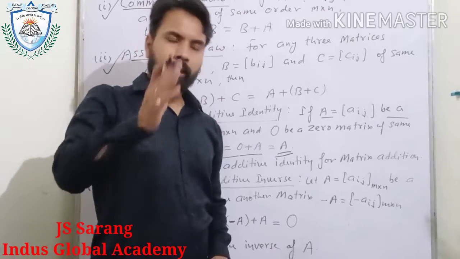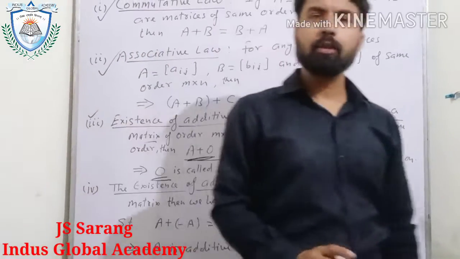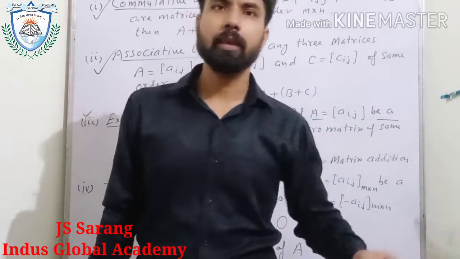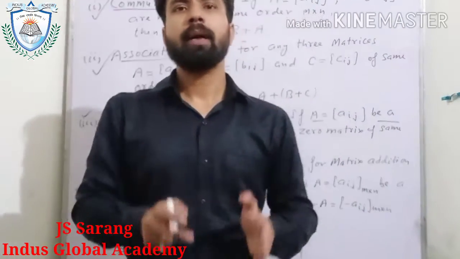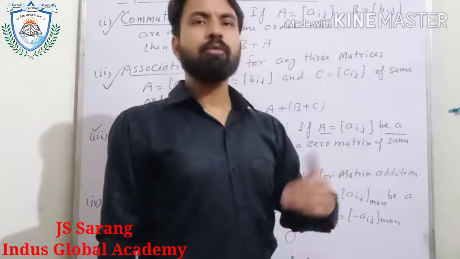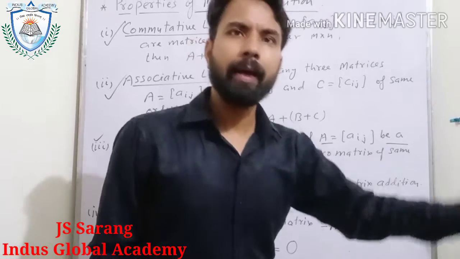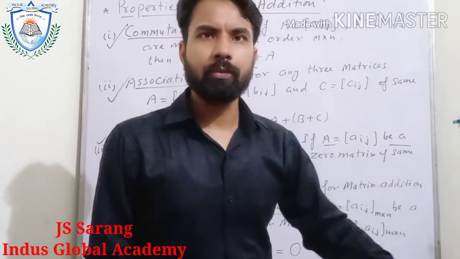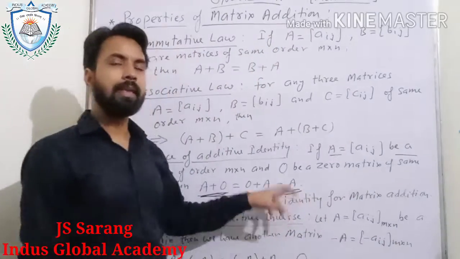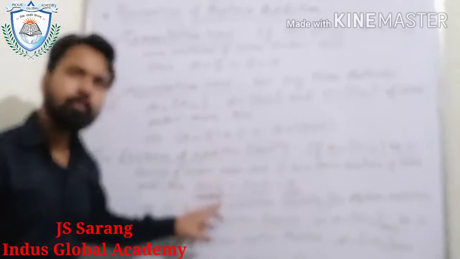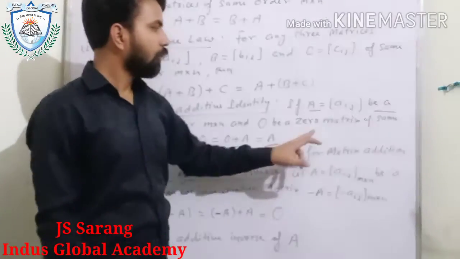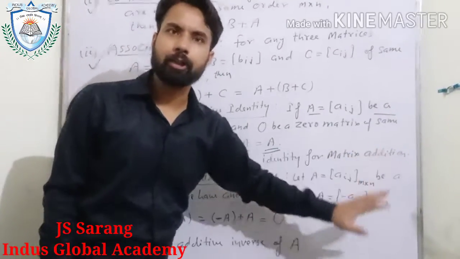Understood? If A is a matrix of order m by n and O is a zero matrix of the same order m by n, then by the commutative law, the sum of A and O equals the sum of O and A, which equals the original matrix A. Then we can say that the zero matrix is the additive identity for matrix addition.